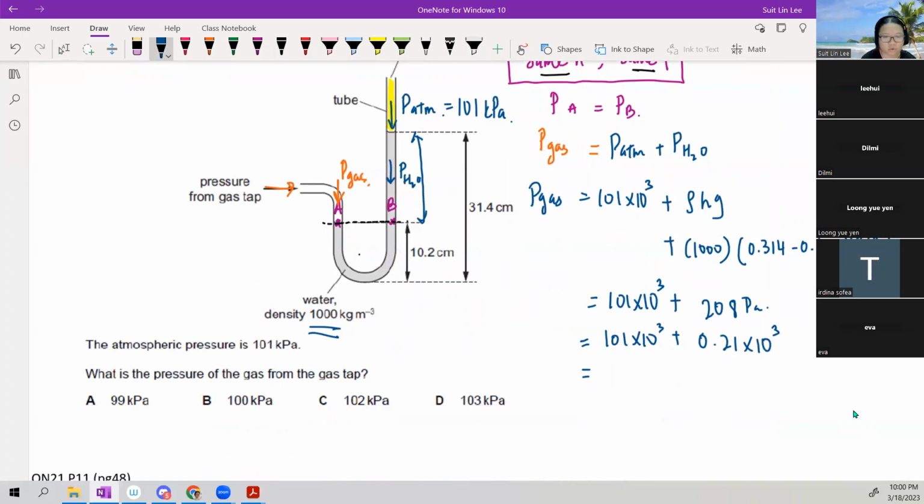Oh, this is 2080. So this is actually 2.1, making this 103 times 10 to the power of 3 Pascal. D.